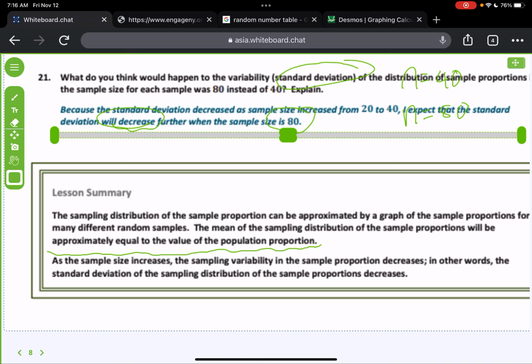In other words, the standard deviation of the sampling distribution of the sample proportion decreases. Okay?